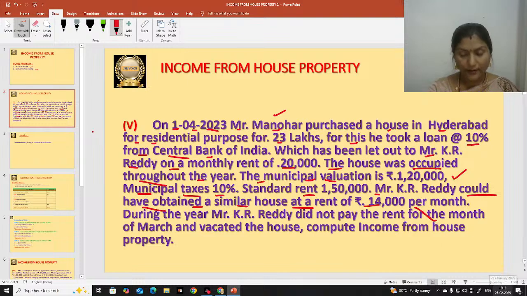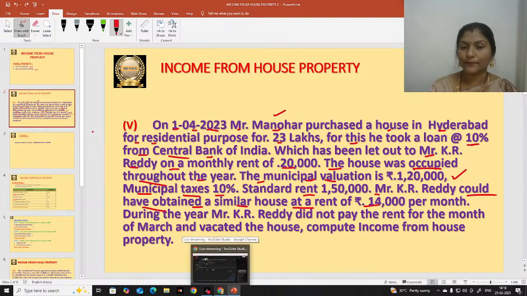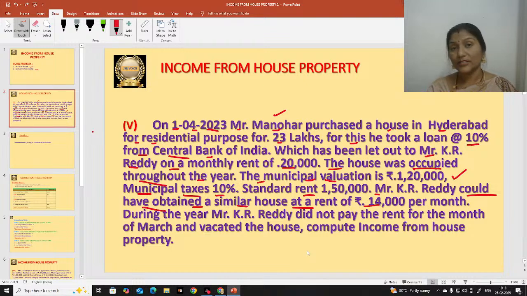So Mr. K.R. Reddy can get a similar house at a rent of 14,000 per month. A similar house rent is nothing but FRV, fair rental value. So we can take 14,000 per month for fair rental value.